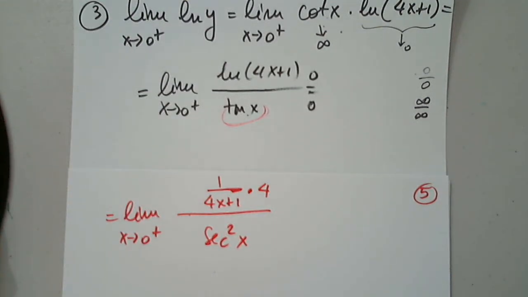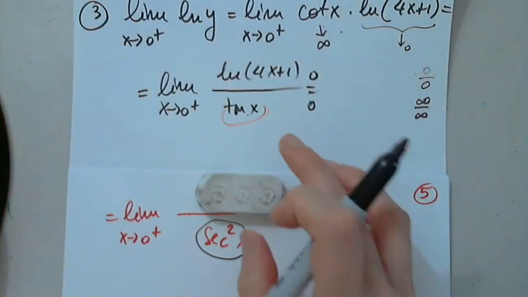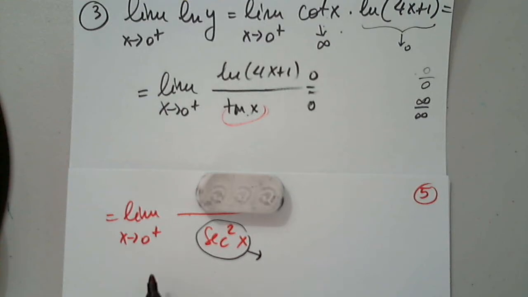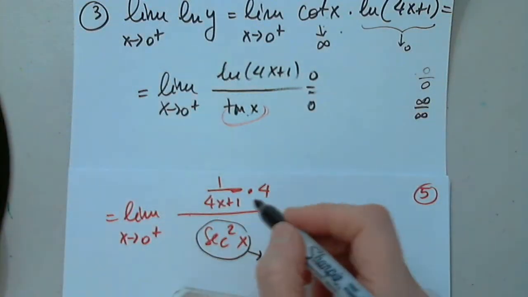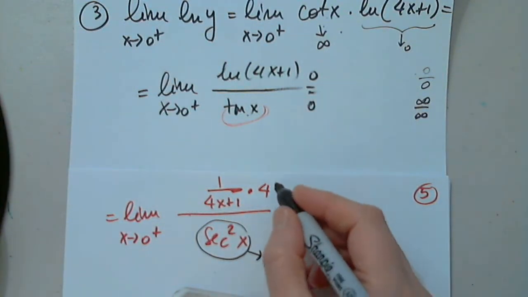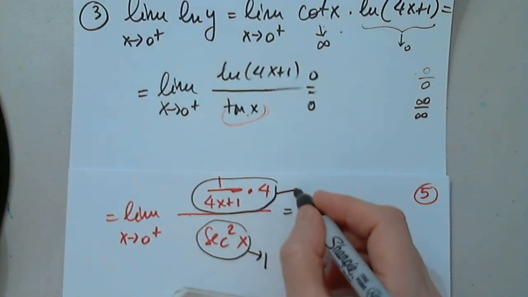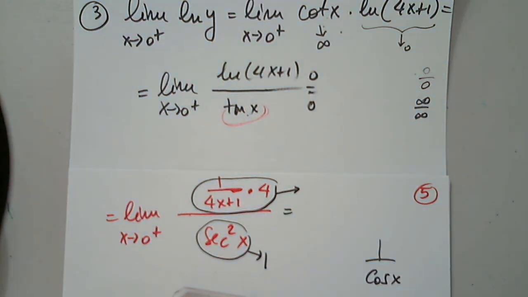So now let's try again. Where is this going? When x approaches 0. Remember, secant is 1 over cosine. Where is cosine going when x approaches 0? 1. Excellent. So then the whole thing is 1. Perfect. Where is this going? 4 over 4x plus 1 when x approaches 0. 4. Excellent.